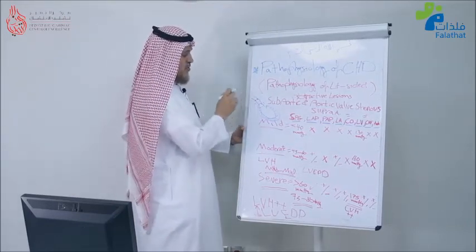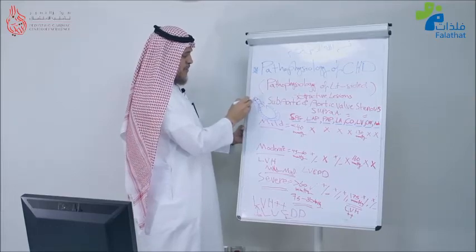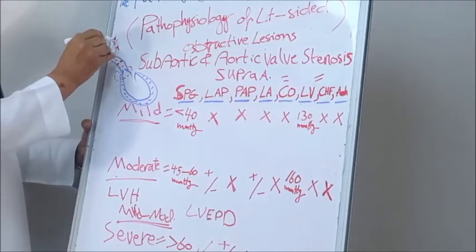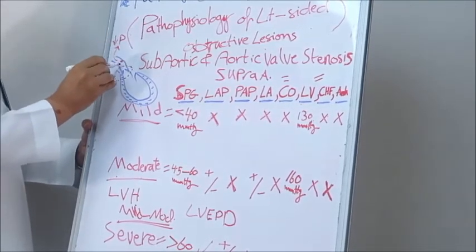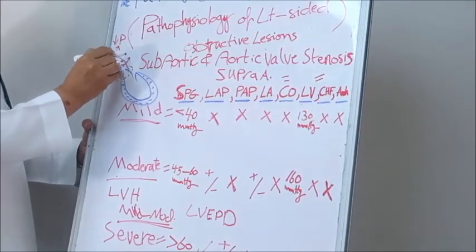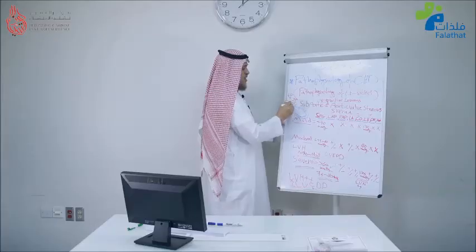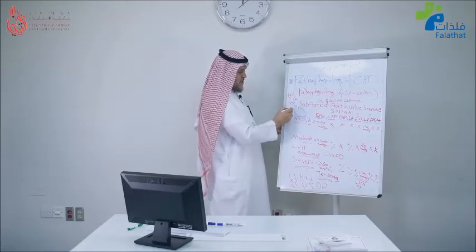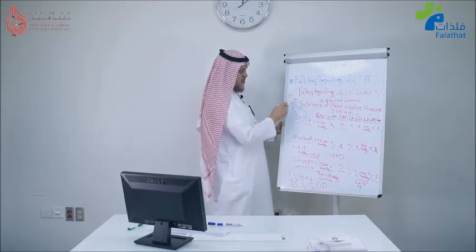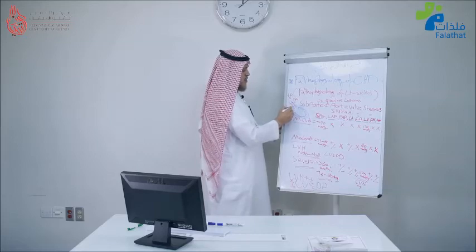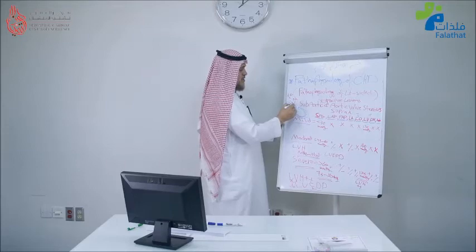You see, in supraaortic valve stenosis, the area above the stenosis will see the usual lower pressure, but the area below will see the usual higher pressure. What does this area below include? It includes the aortic valve, which is fine, but it includes the coronaries, the right coronary and the left coronary.